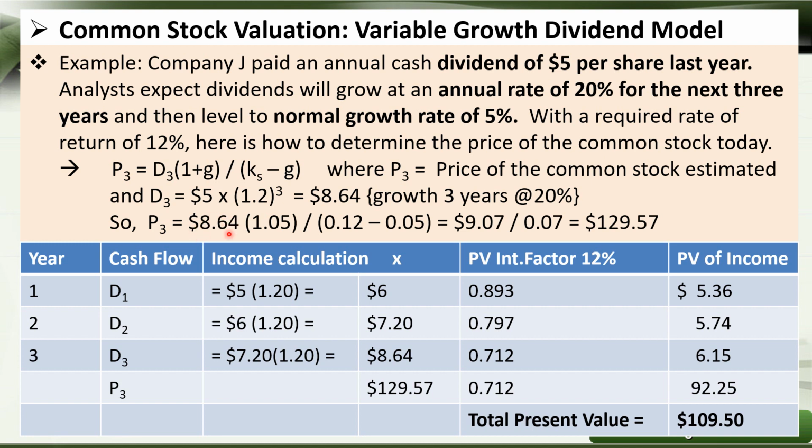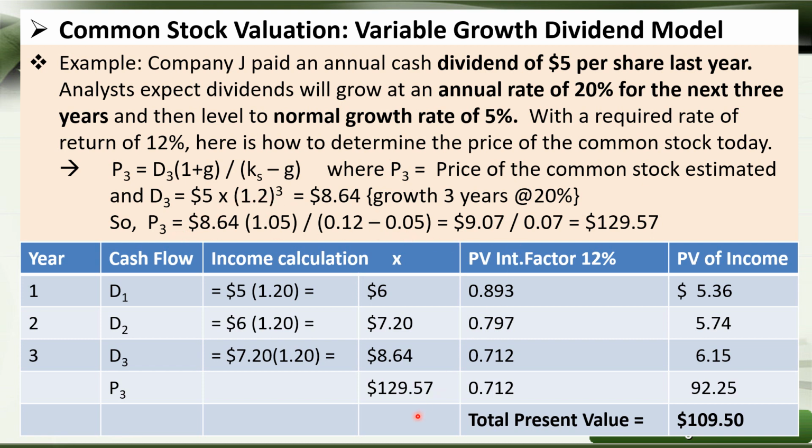That is adjusted with the normal growth rate of 5%, so 1.05, divided by the expected rate of return of 12% minus the normal growth rate of 5%. Accordingly, we get $129.57 as the value at the end of the third year.